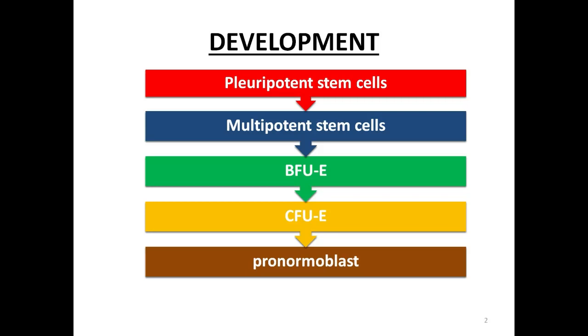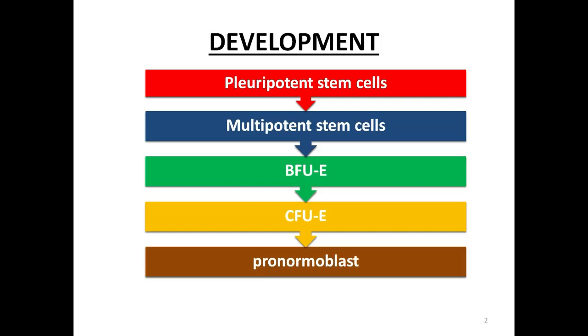Okay. So as I said, colony forming unit erythroid, right? The size of this cell is 19 to 23 micrometer, and now as it develops, the size will start getting decreased. Then there are certain changes that also take place in the nucleus, in the cytoplasm, in appearance and presence or absence of hemoglobin, then in the mitosis process.